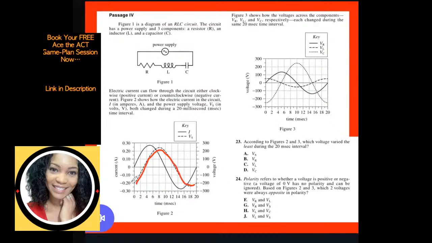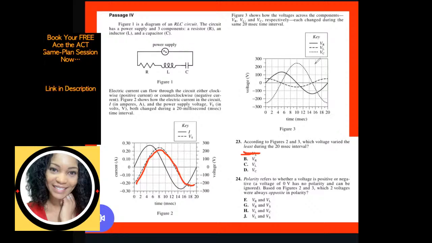This one is going from negative 200 all the way to 250. This one is going from its lowest, negative 150, looks like, to 150. So we can go ahead and eliminate that one. It can't possibly be the least varied because V sub R is already less varied than it.